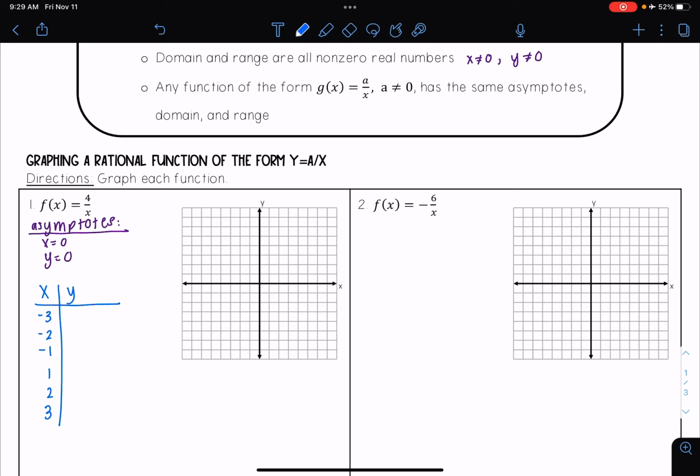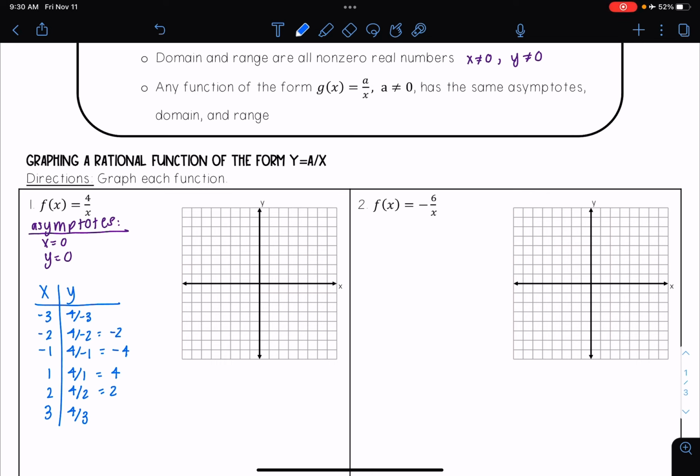When I plug in -3, I get 4 over -3. When I plug in -2, I get 4 over -2, which is just -2. When I plug in -1, I get 4 divided by -1, which is -4. Plug in 1, I get 4. Then 4 divided by 2, which is 2, and then 4 over 3. Now we can graph this function.